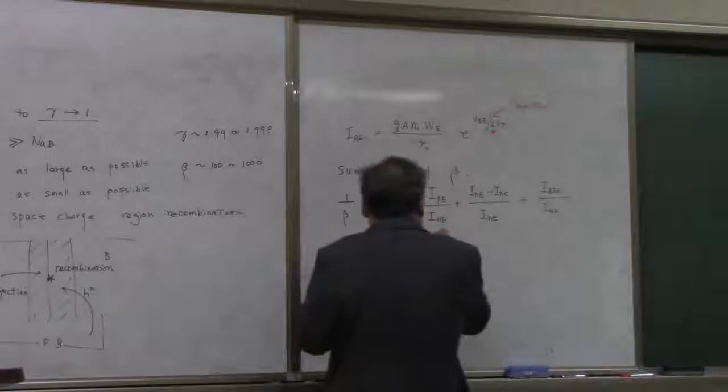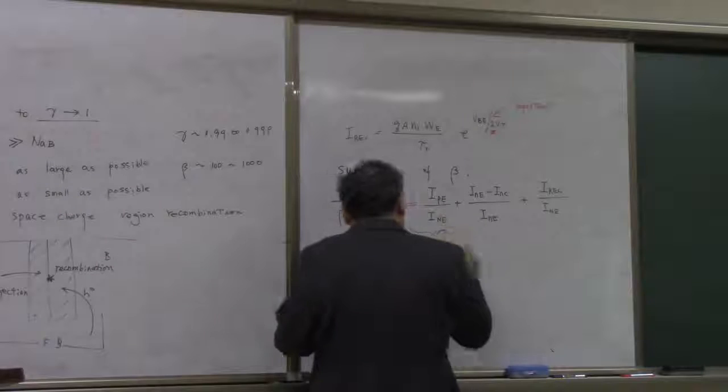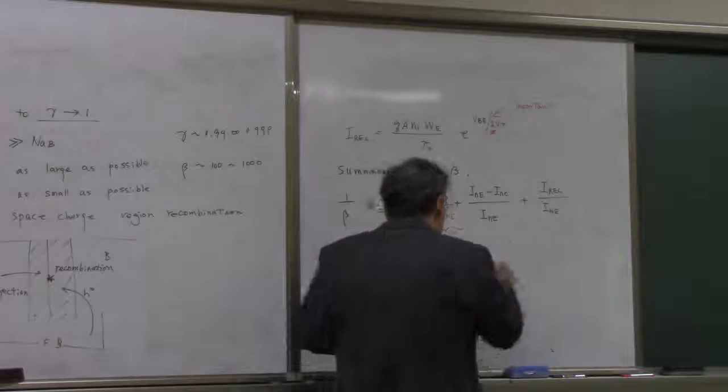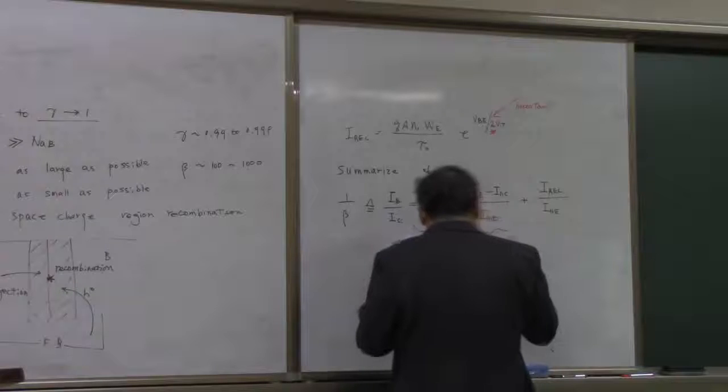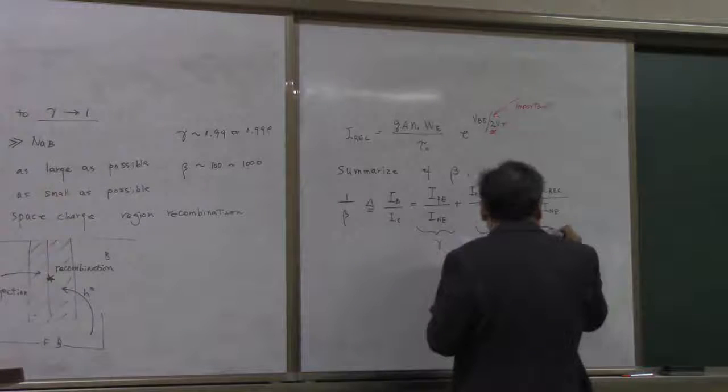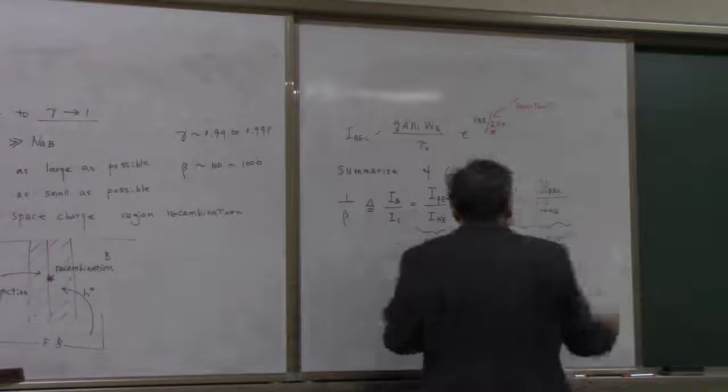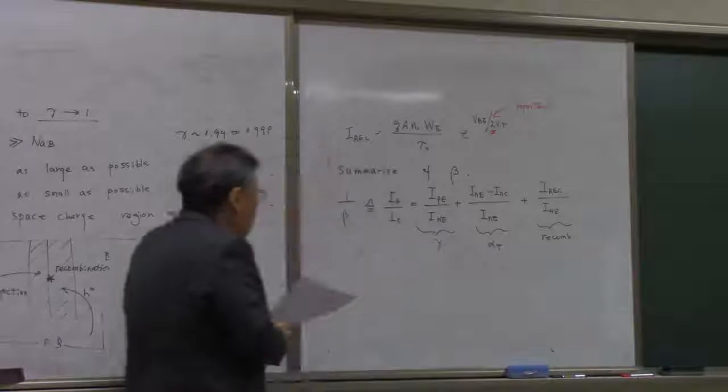And this is the factor gamma, and this is the transport factor alpha T, and this is the recombination current at the space charge regions.